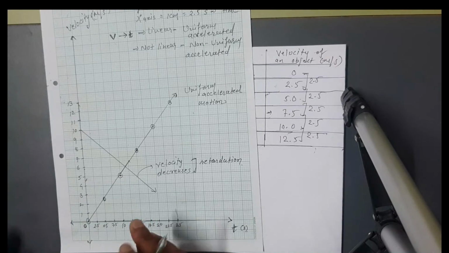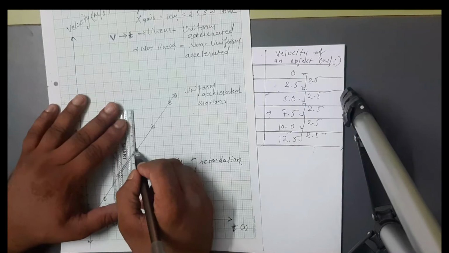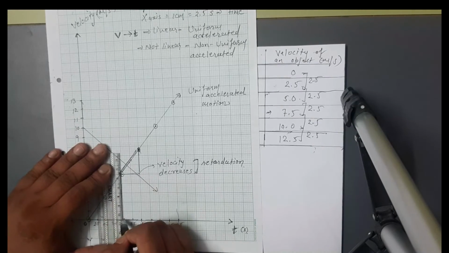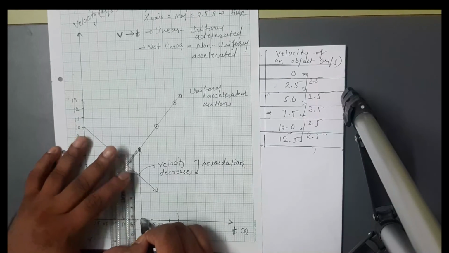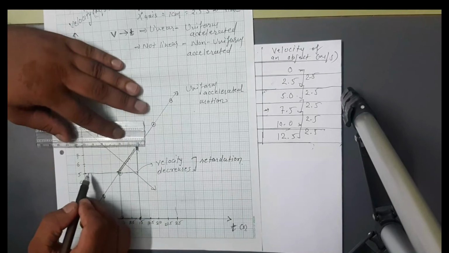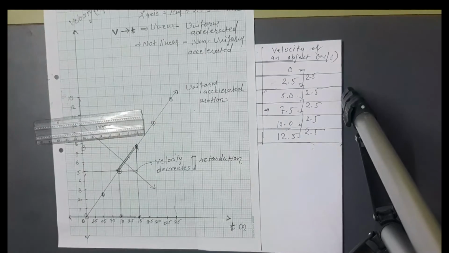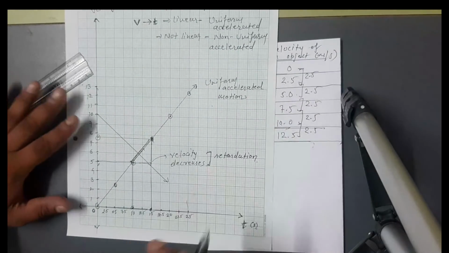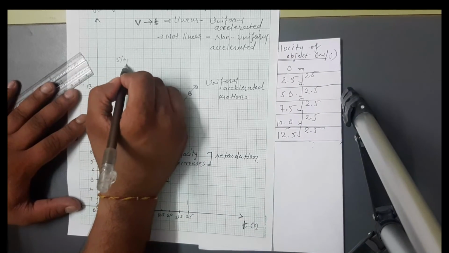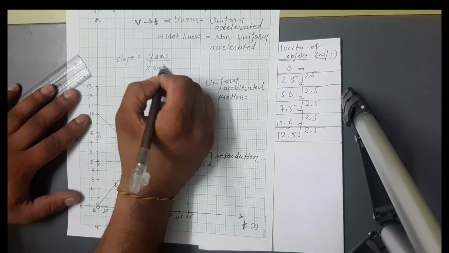Similarly, suppose we want to find out the slope, this slope. Again, we take points on the x-axis and the same points on the y-axis. The method to find the slope is the same: slope is equal to y-axis upon x-axis.